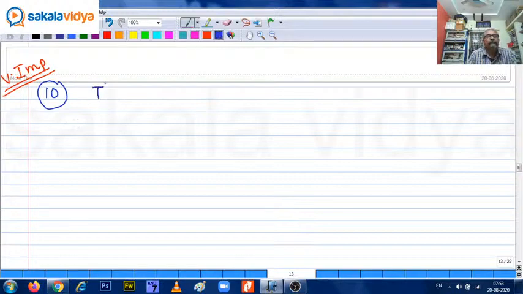The sum in the nth bracket, this is very important.